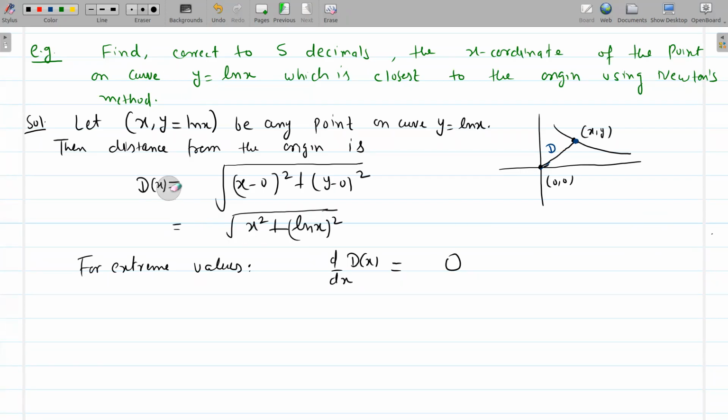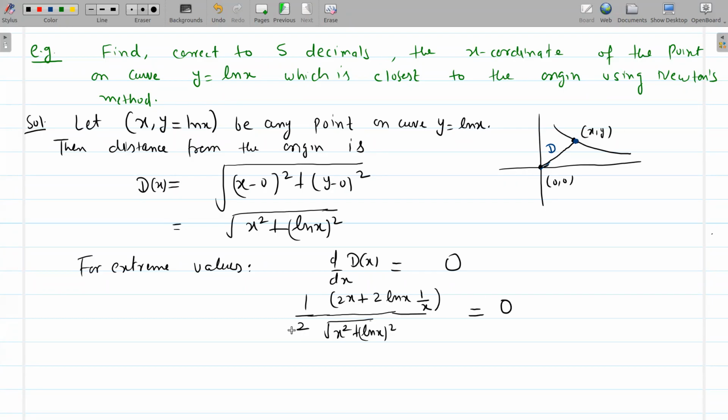So to differentiate it, you can also square on both sides. Okay, so if f is minimum, then so is f square. Or you can differentiate it directly. अब differentiate कर दो. तो डेरिवेटिव क्या आएगा? 1/2 (x square plus log x square) की पावर माइनस half, पावर में एक कम. फिर x square का डेरिवेटिव 2x, log x square का 2 log x, और log x का 1/x. अप्लाई चेन रूल.